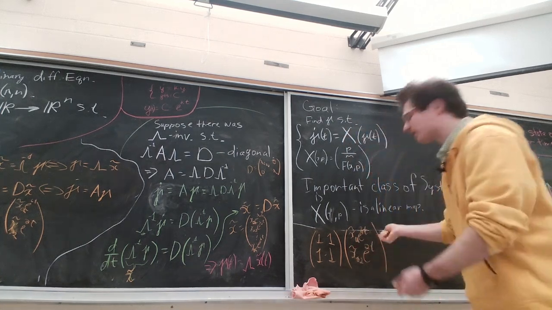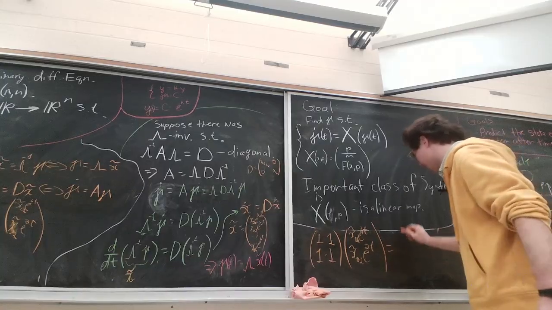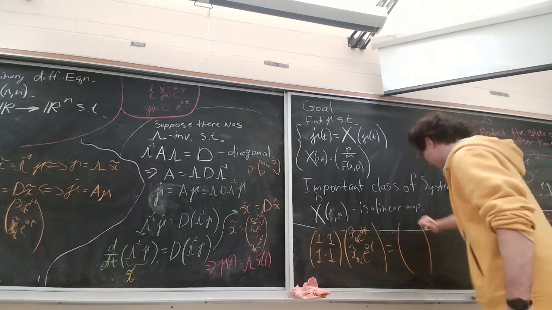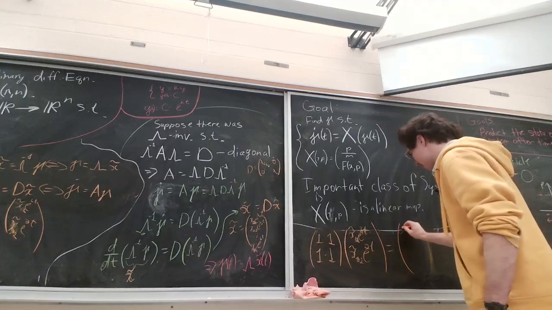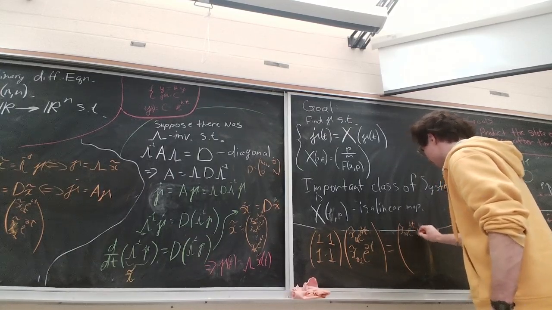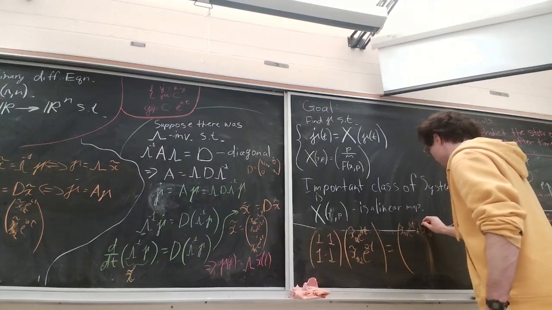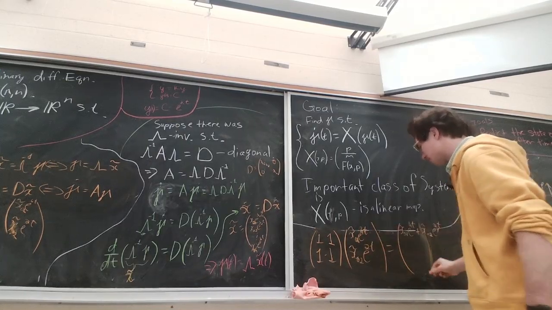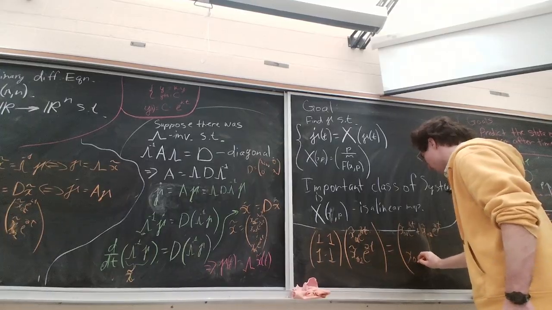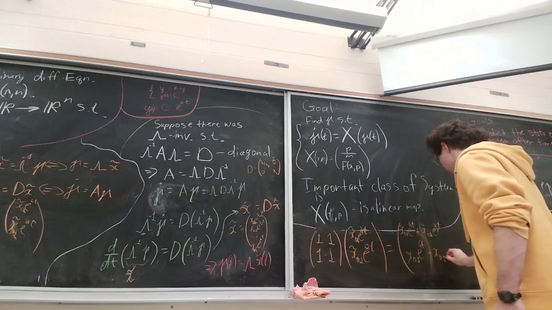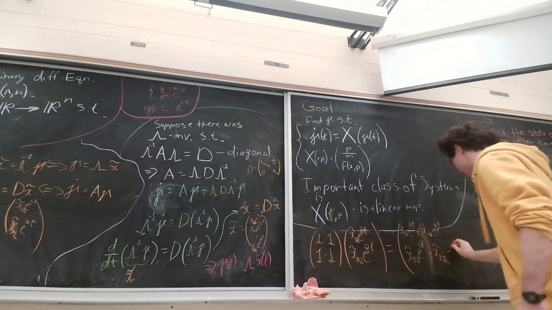Okay, and I do matrix multiplication. What else can I do? That's all the question asks. Okay, so this is x01 twiddle e to the 4t plus x02 twiddle e to the 2t, and at the bottom I get x01 twiddle e to the 4t minus x02 twiddle e to the 2t.